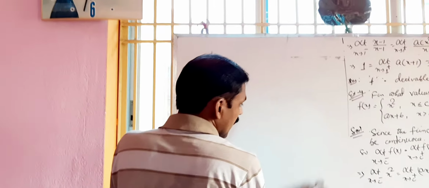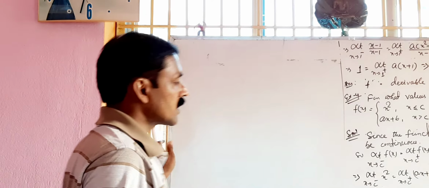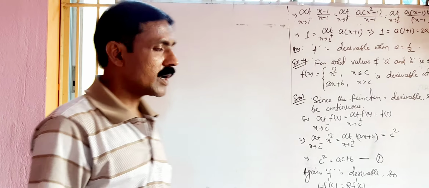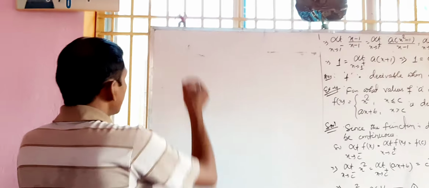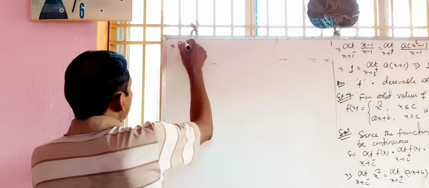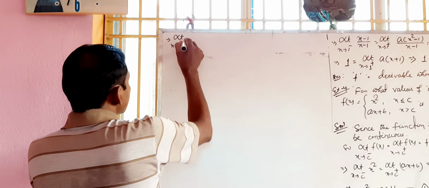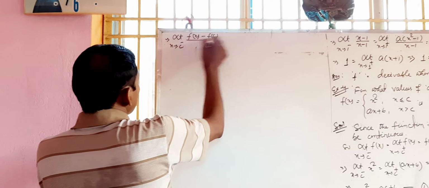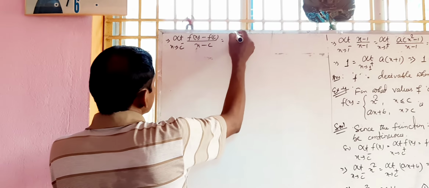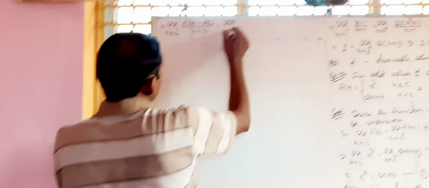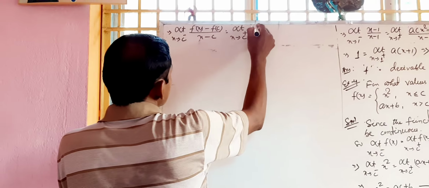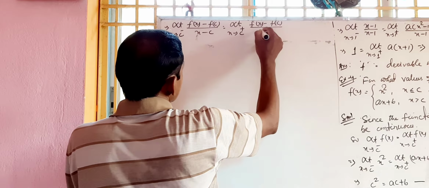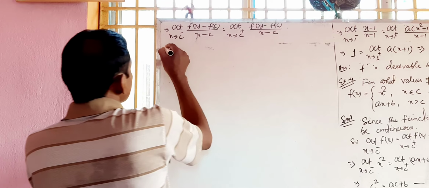So here, as we are interested to check the differentiability at the point c, the left hand derivative at c must be equal to the right hand derivative at c. So again we will use the definition. The left hand derivative is limit x tends to c minus of f of x minus f of c by x minus c, which must be equal to the right hand derivative, limit x tends to c plus of f of x minus f of c by x minus c.